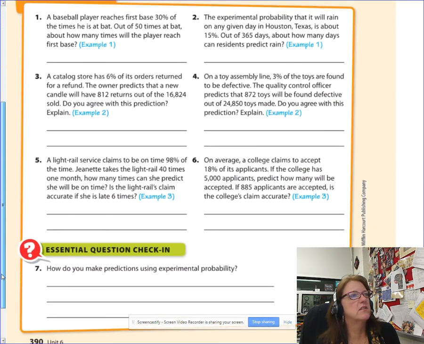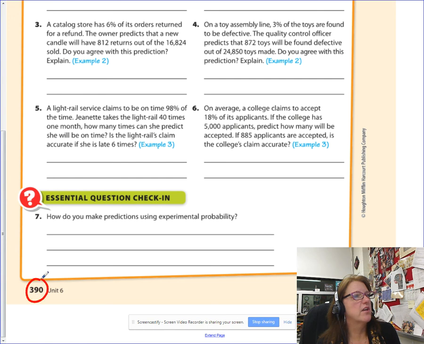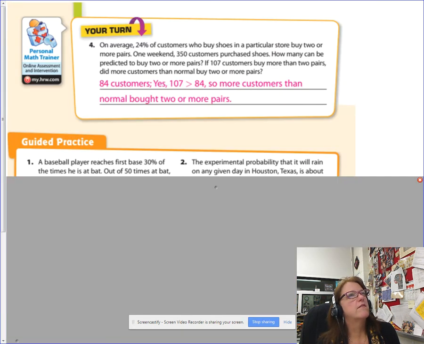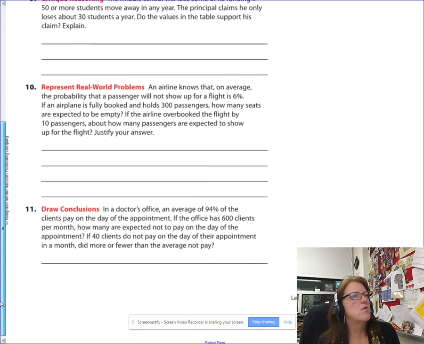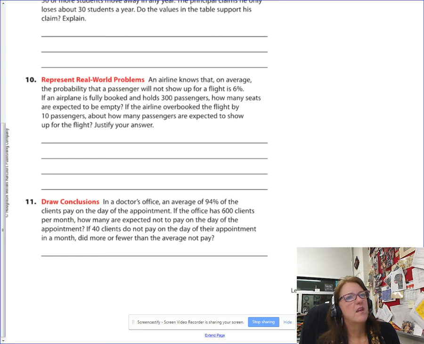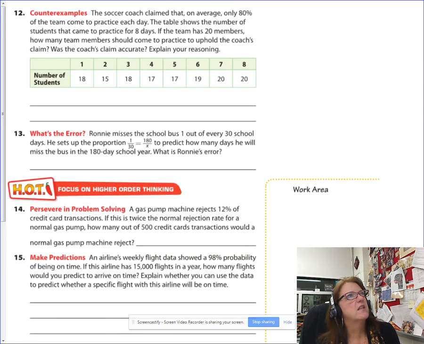So let's take a look here. All right, starting on page 390, you can work through all of those. And then 391, get 1 through 11, and then that last page. All right, so let's do this.